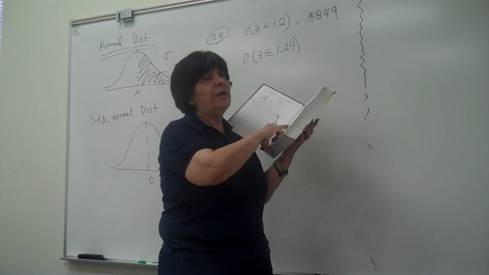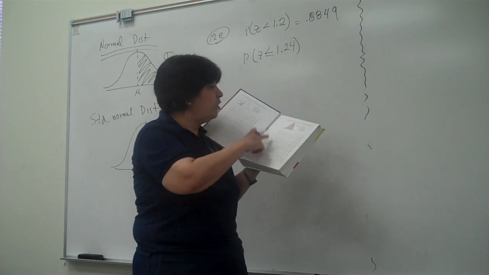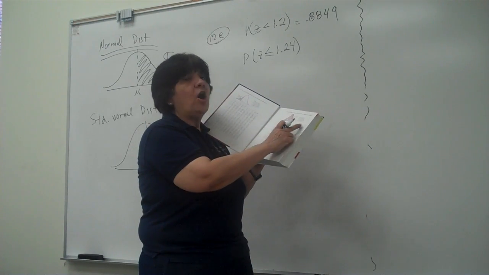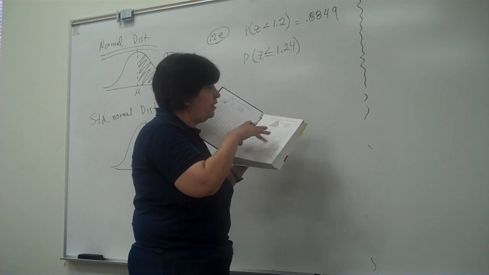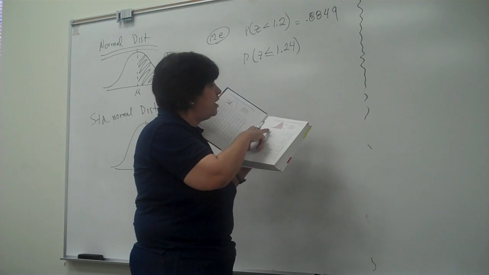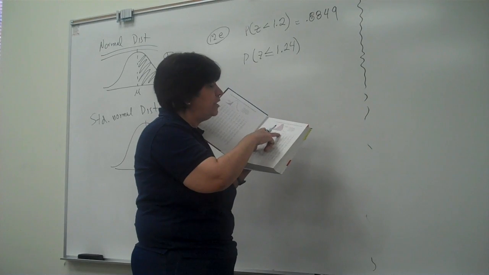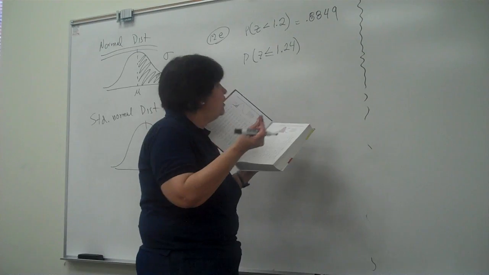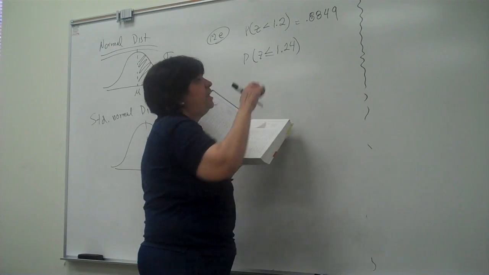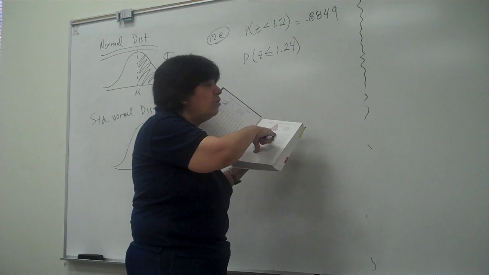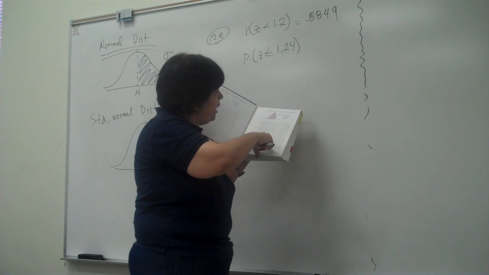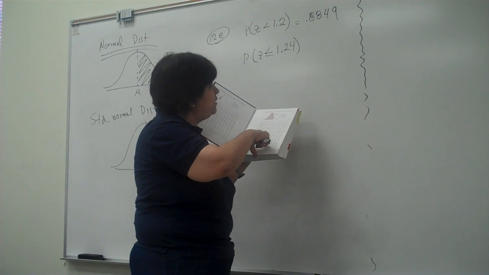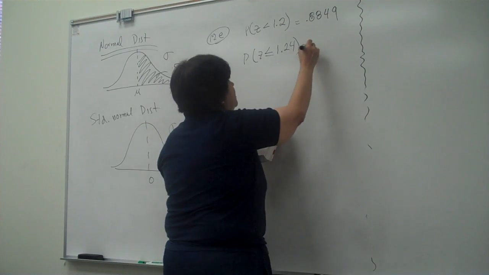There is no 1.24 in this column, but on the top row of the table, you're going to find 0.00, 0.01, 0.02, and so on until 0.09. This is the second decimal point, and the second decimal point is 0.04. So you look in the 0.04 column, and the probability for 1.24 is 0.8925.